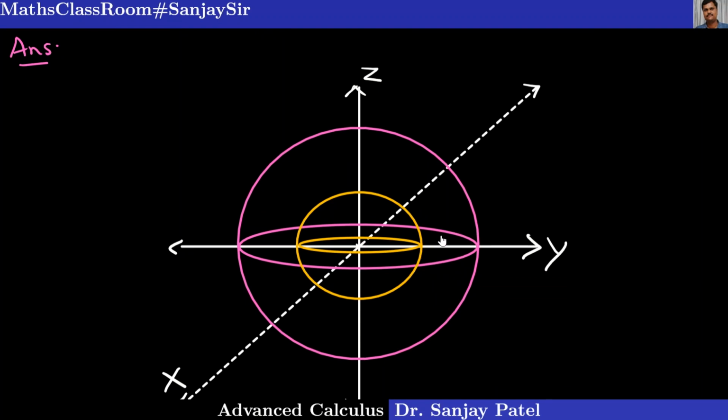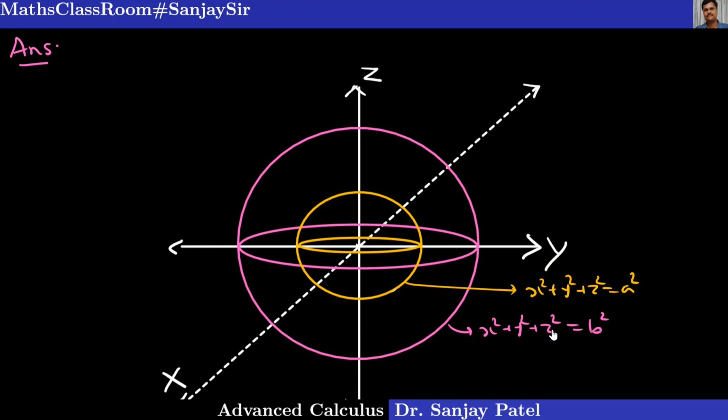The sphere with the small radius, that is the yellow sphere, has the equation x square plus y square plus z square is equal to a square. And the sphere with the larger radius, that is b, is x square plus y square plus z square is equal to b square.